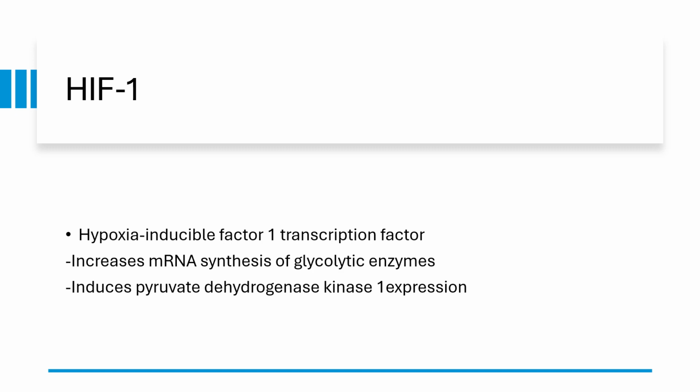And this can induce pyruvate dehydrogenase kinase 1 expression to enhance the inhibitory phosphorylation of pyruvate dehydrogenase and repress mitochondrial utilization of pyruvate in the TCA cycle, which will result in hypertrophy, which is when the muscles in the walls of the heart actually thicken. And this will lead us to our next slide.